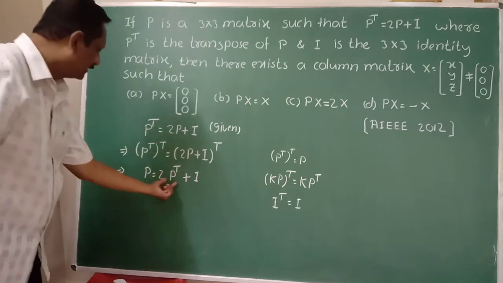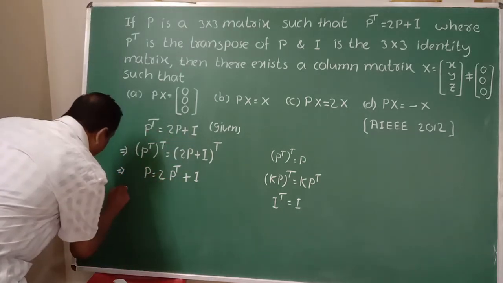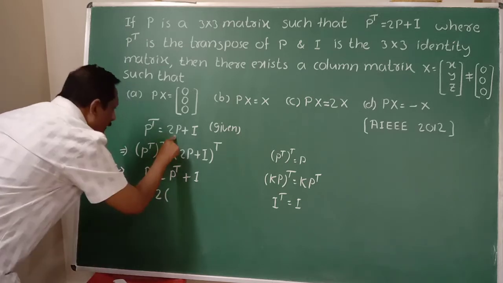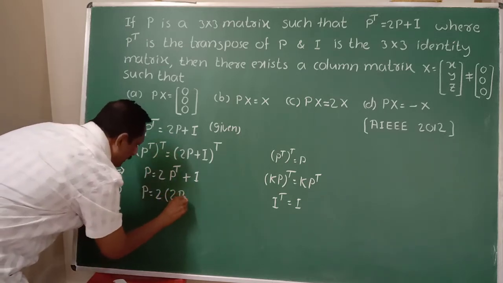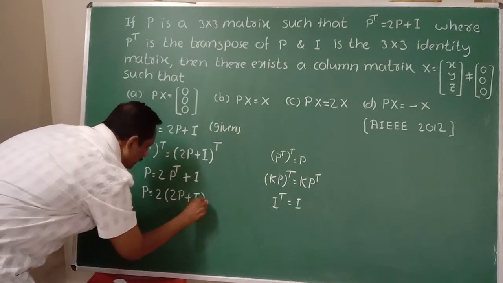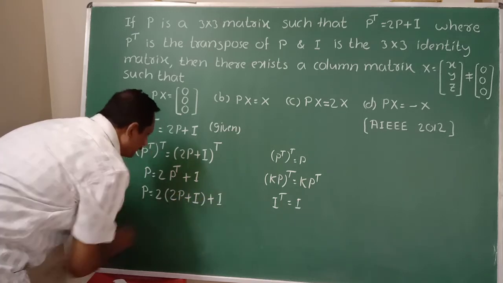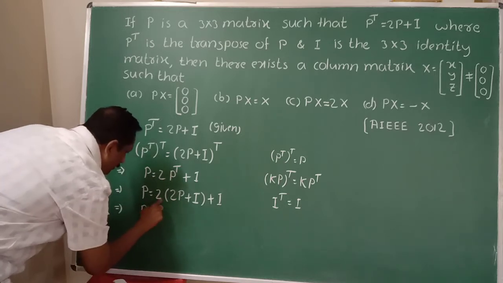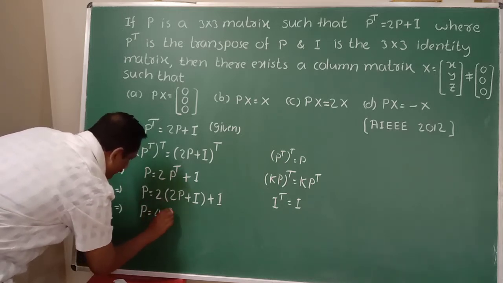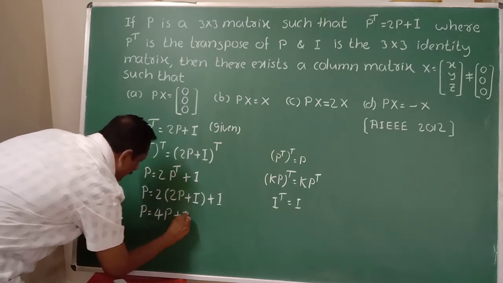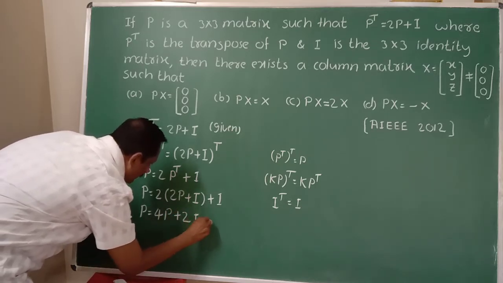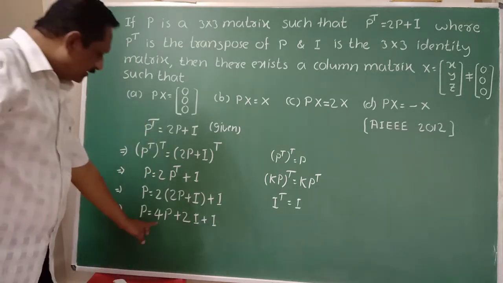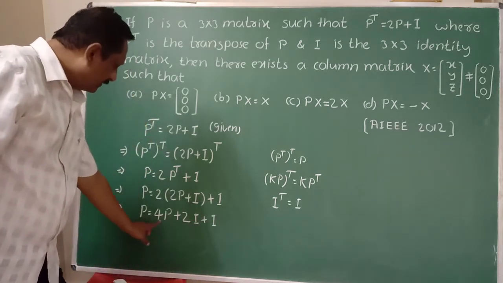So use this here. Therefore this implies P is equal to 2 into 2P plus I, here 2P plus I plus I. Then this implies 2 into 2 becomes 4P, and 2 into I becomes 2I, plus I plus I. Now take this 4P to this side, it becomes minus 4P.